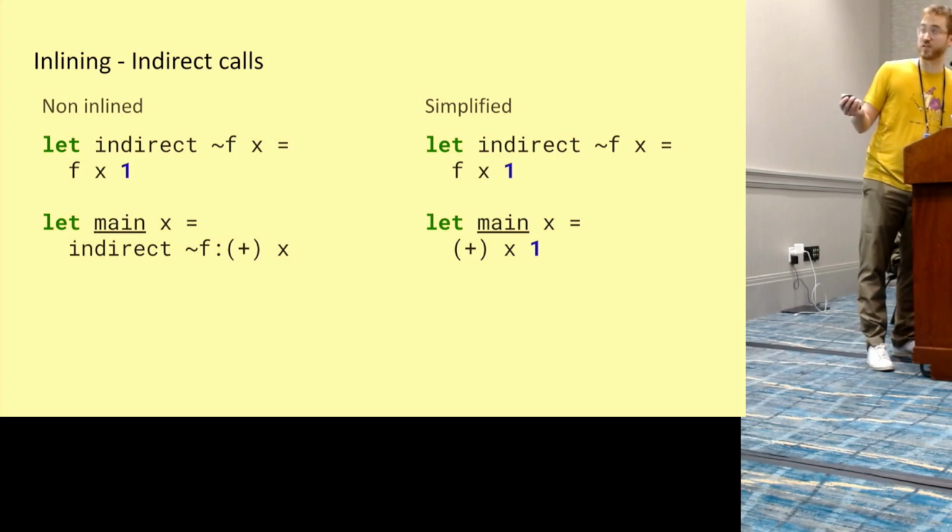The second kind of thing that we like about inlining is that we have higher-order constructs. You can create a function, pass another function to it, and then call that function. If you're not careful, you will have an indirect call, and we don't like indirect calls. The first reason is that the CPU doesn't like them, because it's very hard to predict where an indirect call leads. Every time you execute code with an indirect call, the CPU must wait to know where it goes, and it can't go as fast as it would otherwise.